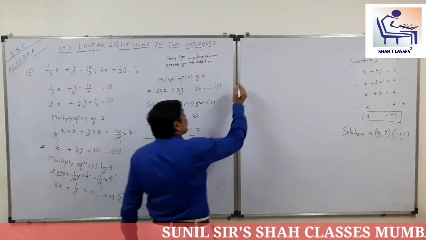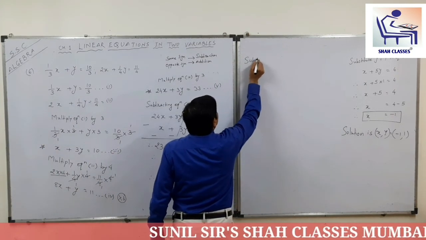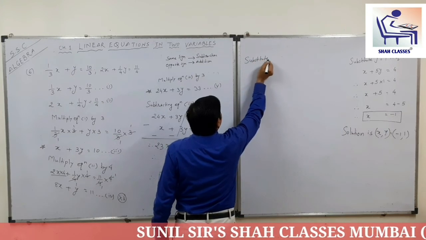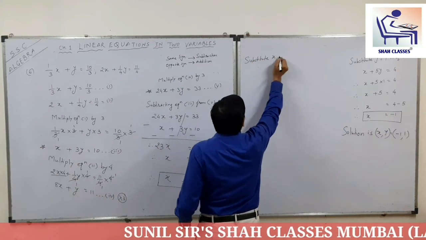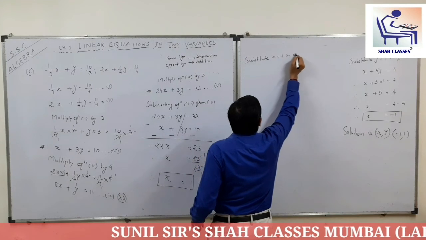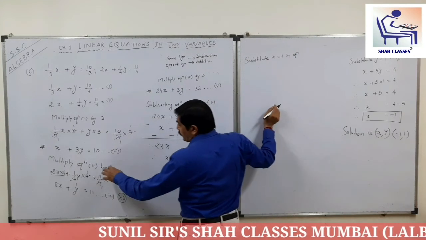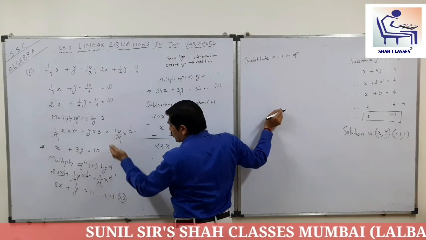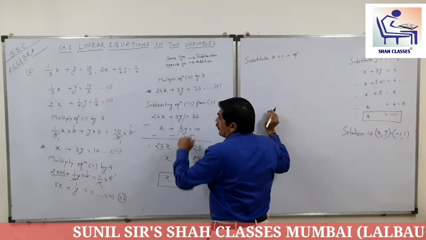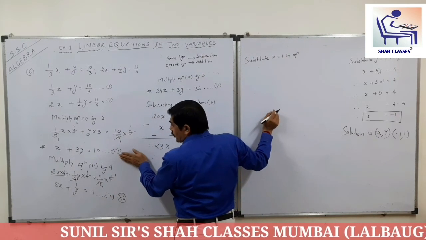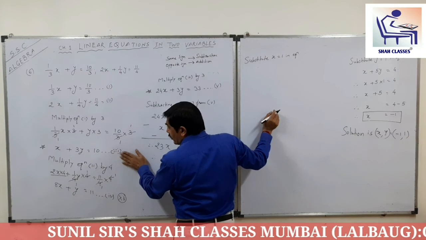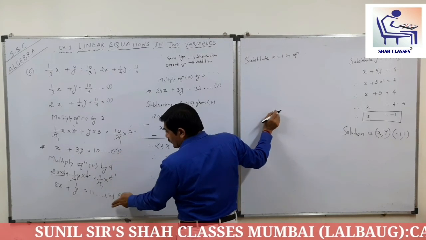Now we have to substitute x is equal to 1 in an equation. You can substitute in any of the equations 1, 2, 3, 4 and 5. But this equation looks easier. This is also easier, and this is also easy.